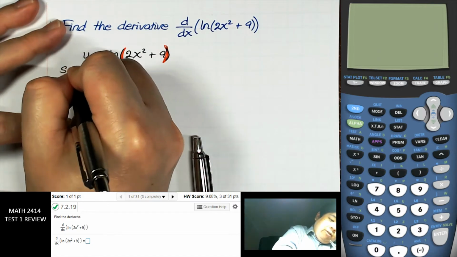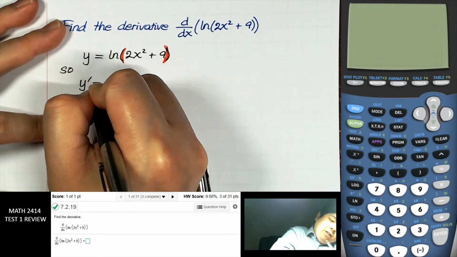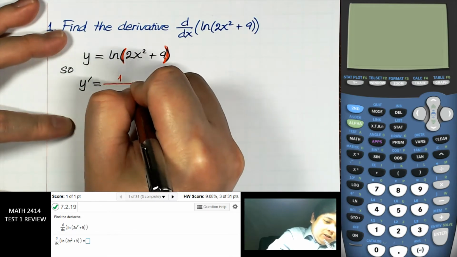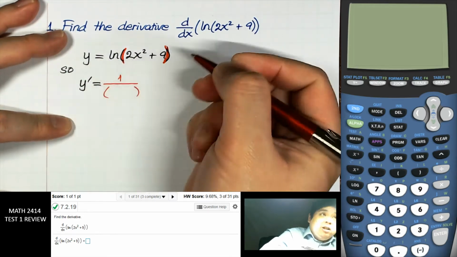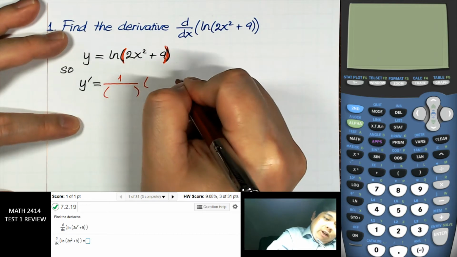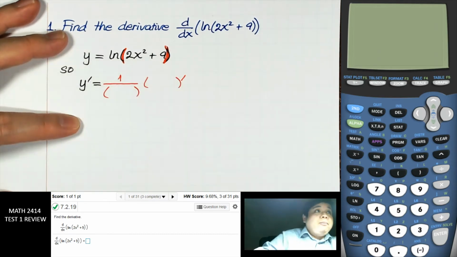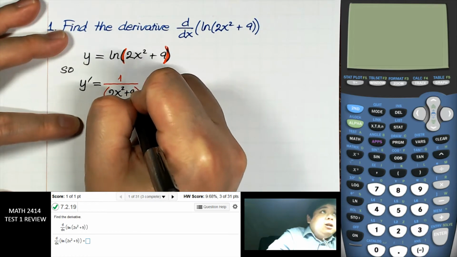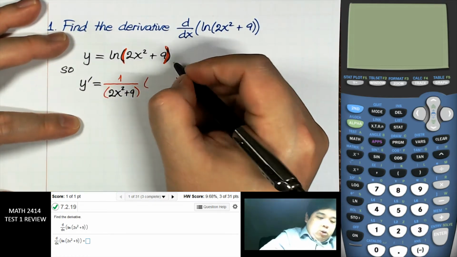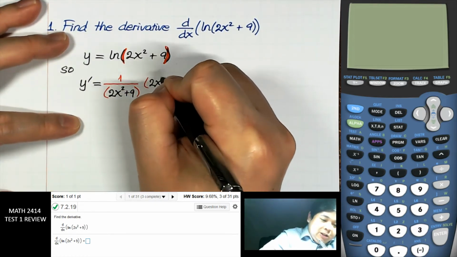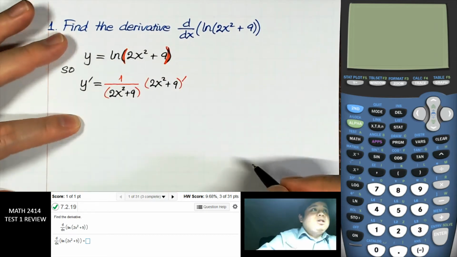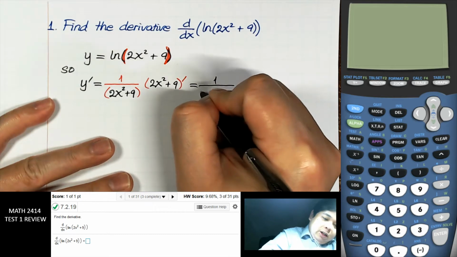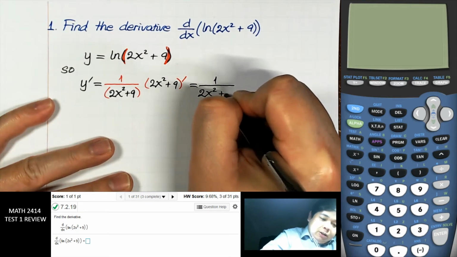The derivative of the ln is the reciprocal function, 1 over, and then the derivative of what is inside the parentheses. We have 2x squared plus 9, so 1 over 2x squared plus 9.